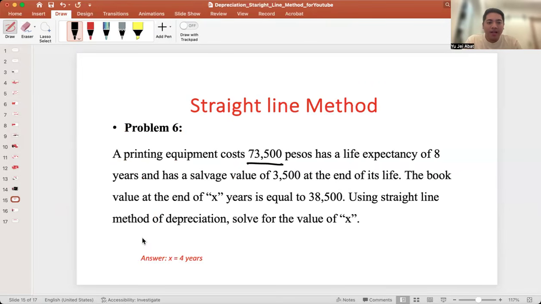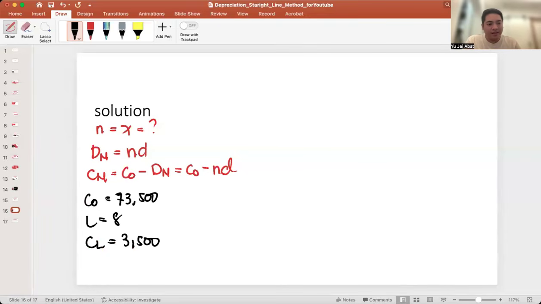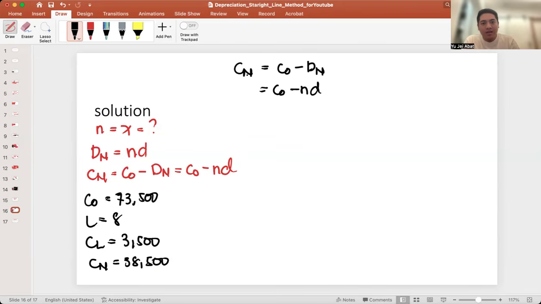The book value at the end of X years, that's the N, is equal to 38,500. So you have a book value of 38,500 at X years or N years, which we don't know. So we have C sub N equals C sub O minus D sub N, or C sub O minus ND.